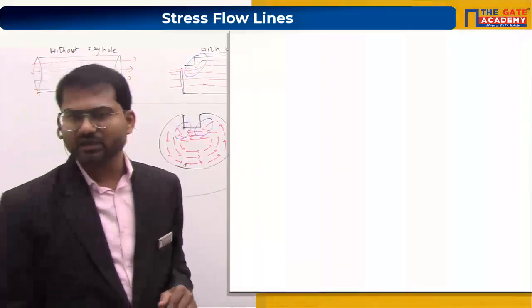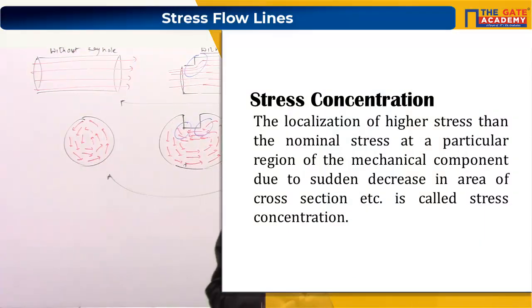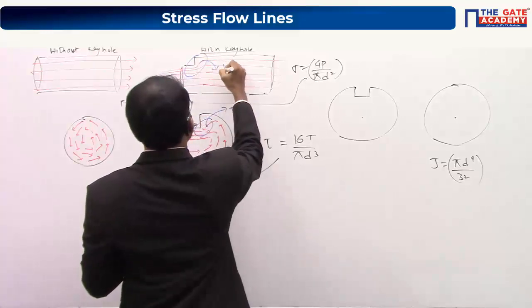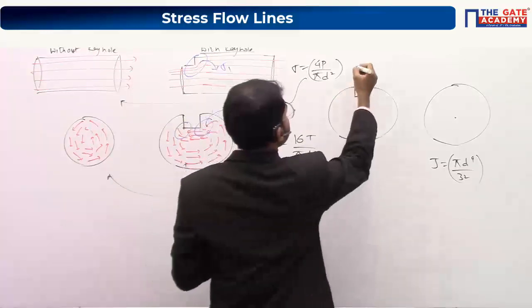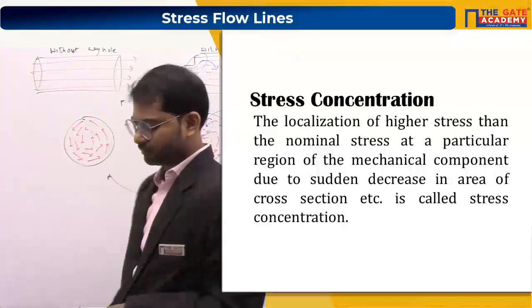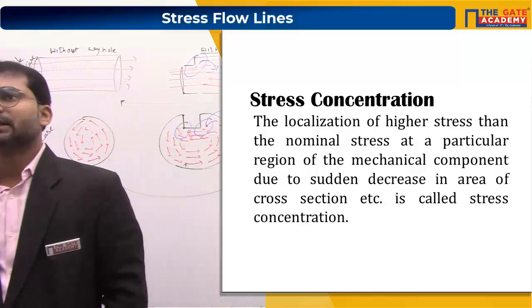I don't think anything is confusing or difficult, but if you have any doubt, feel free to ask me. Kindly copy the diagrams and put this title or definition from the slide here. Come on, everyone. Stress means internal resistance.